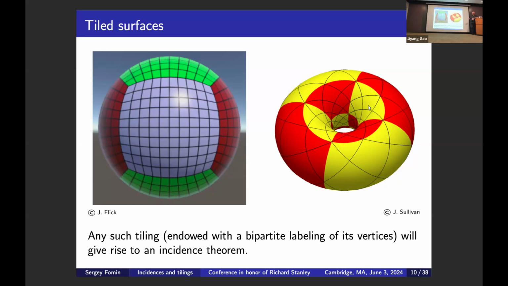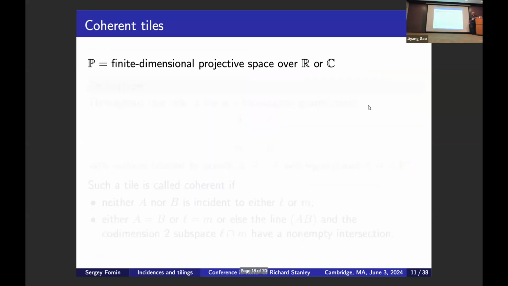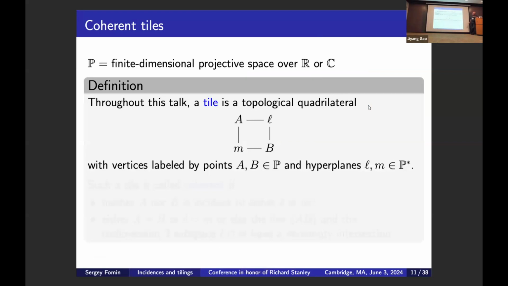Let me explain how. So we start with a finite dimensional vector, projective space. And we take a tile whose vertices are labeled by points and hyperplanes in alternation.